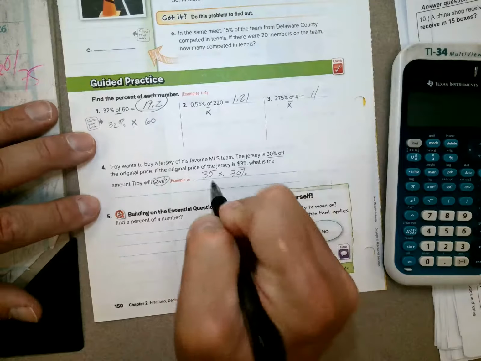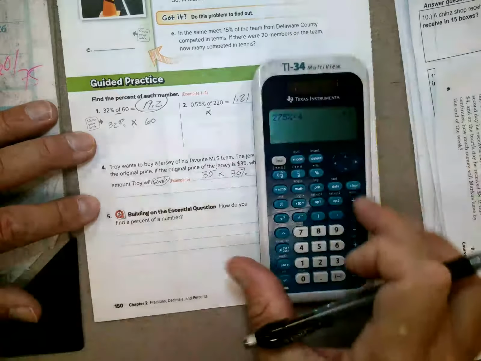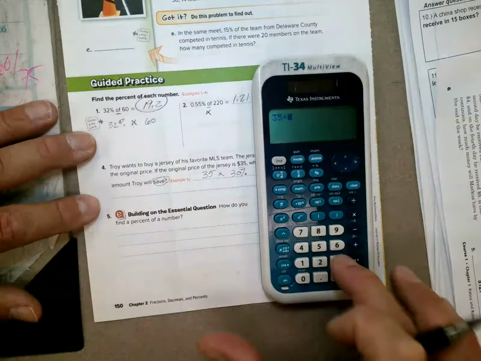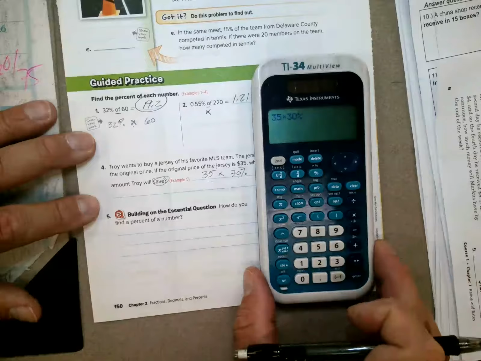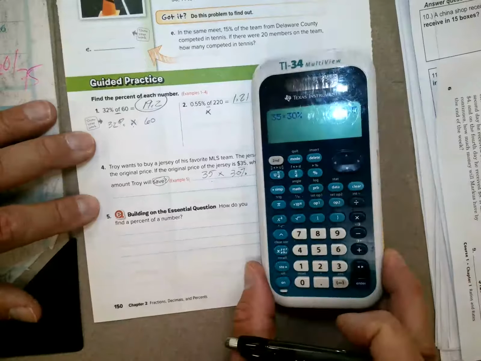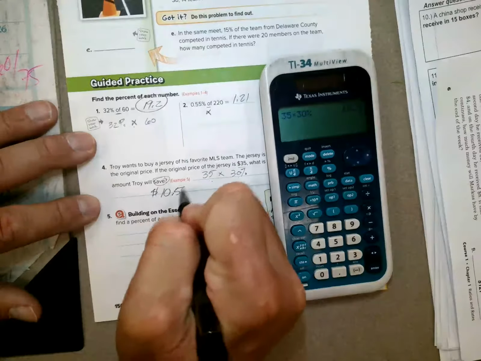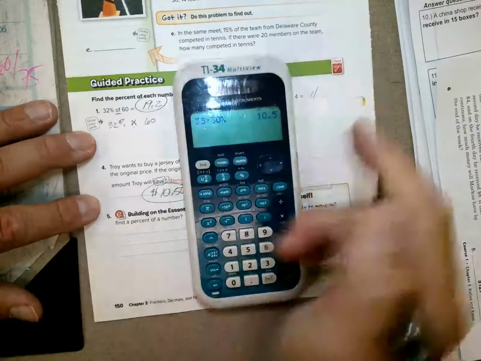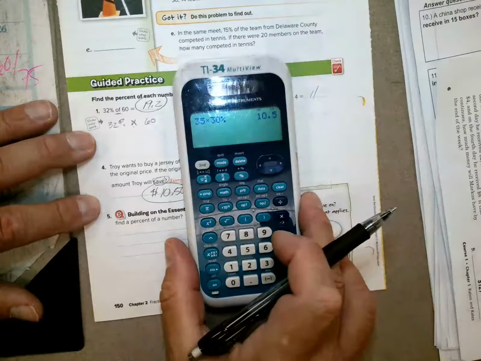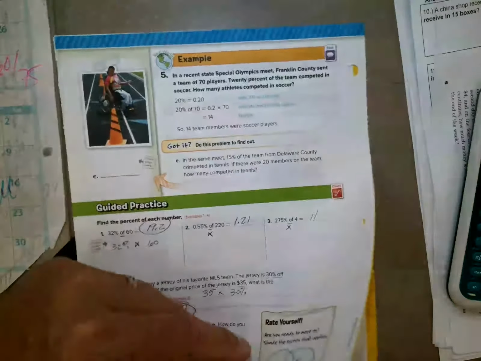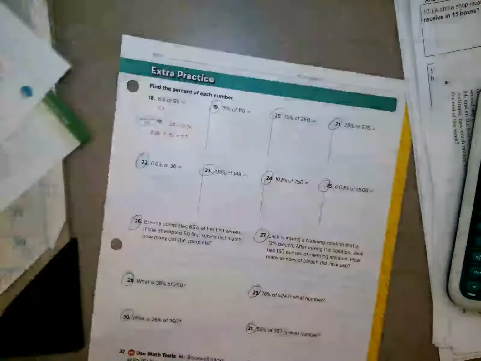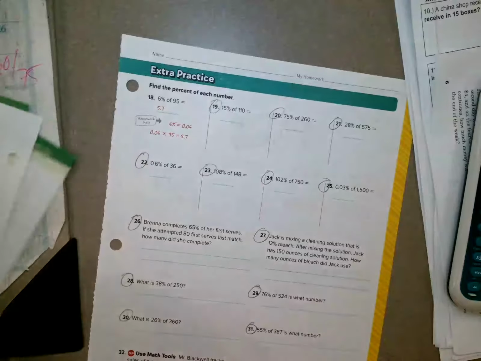That's what he's going to save. So 35 times 30%. And remember, I can multiply in any way because of the commutative property. So he's going to save $10.50. Remember, it's money. That's a good start. Let's jump into the homework and do some more problems because there are some challenging ones in here.